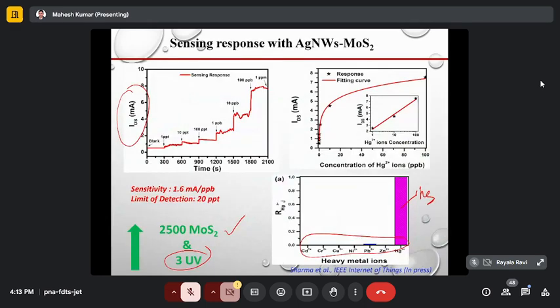This is for mercury, and we are still trying to improve these sensors' performance, selectivity, sensitivity, and stability. We are still trying to bring the product to the commercial level.